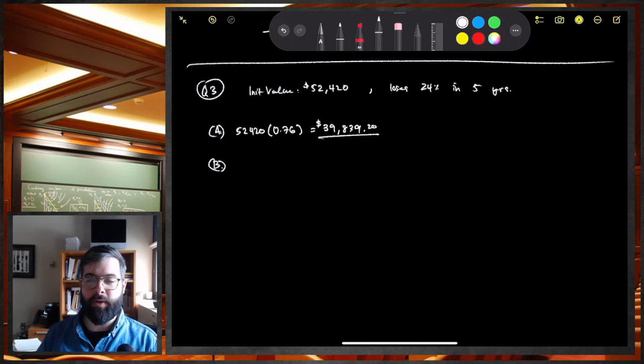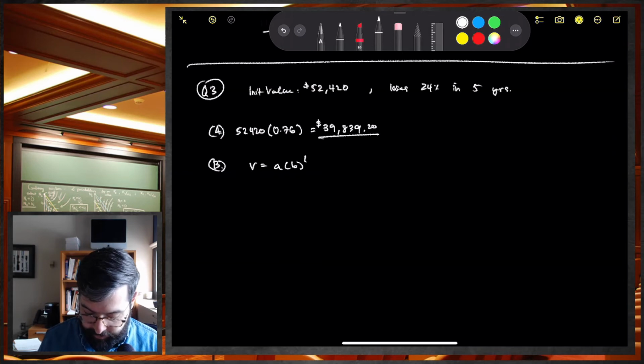What we were just given was the percent change after 5 years. So this is finding the formula for an exponential function. It's going to be something like a times b to the t. And we're assuming annual decay, but you could have gone with continuous decay. That'd be fine. But here, we know the initial value is 52,420, so we can just start with that.